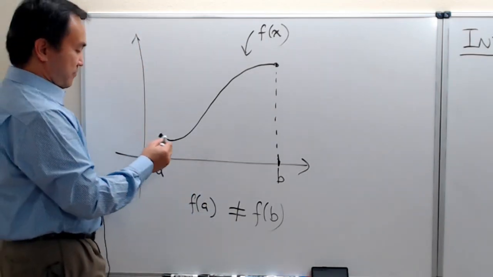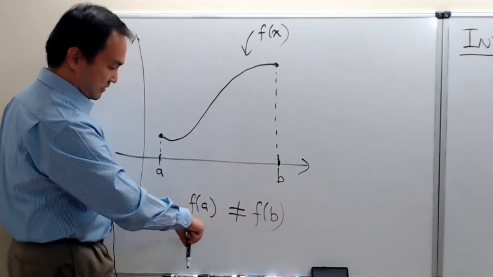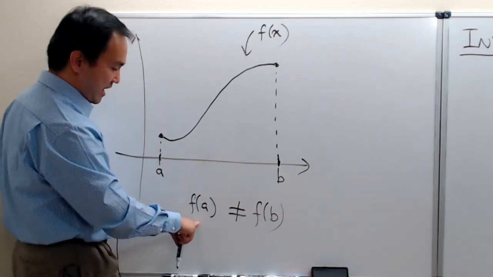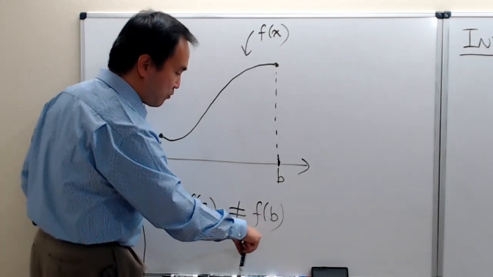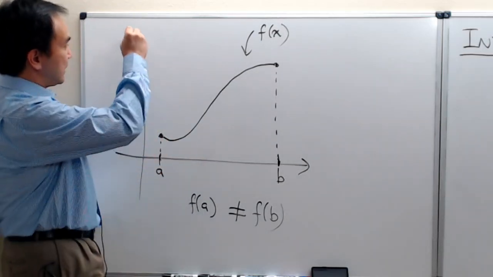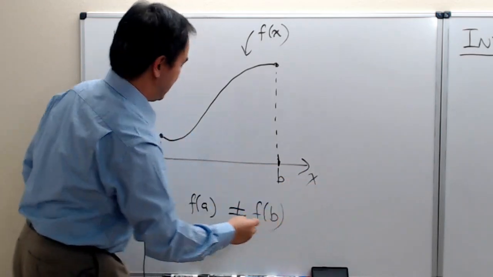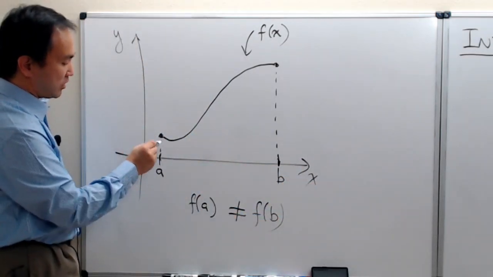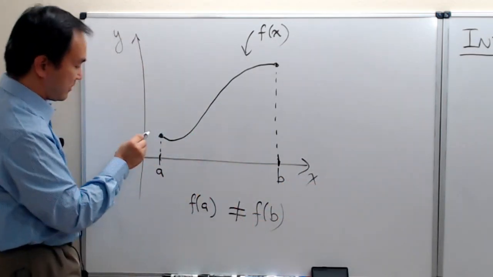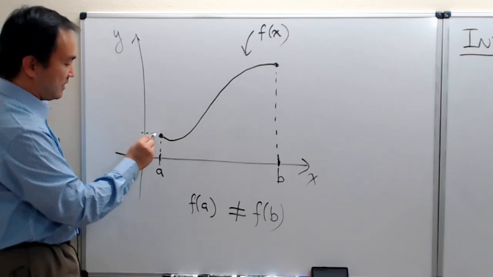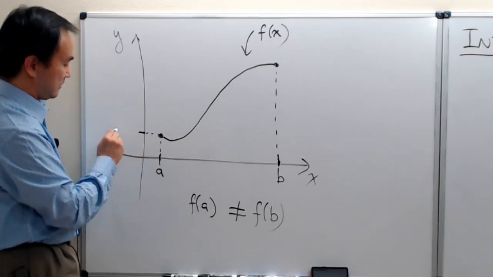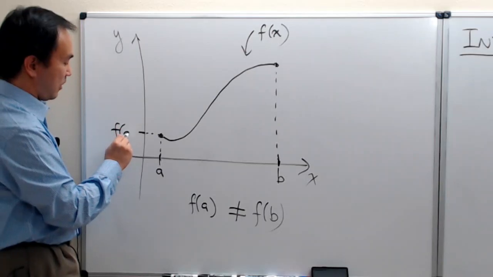Now, if we have this satisfied, meaning the function output at a is other than the function output at b, then think about it in terms of the vertical y-axis. Whichever is the lower value between f of a and f of b is the beginning of the interval on the vertical axis.